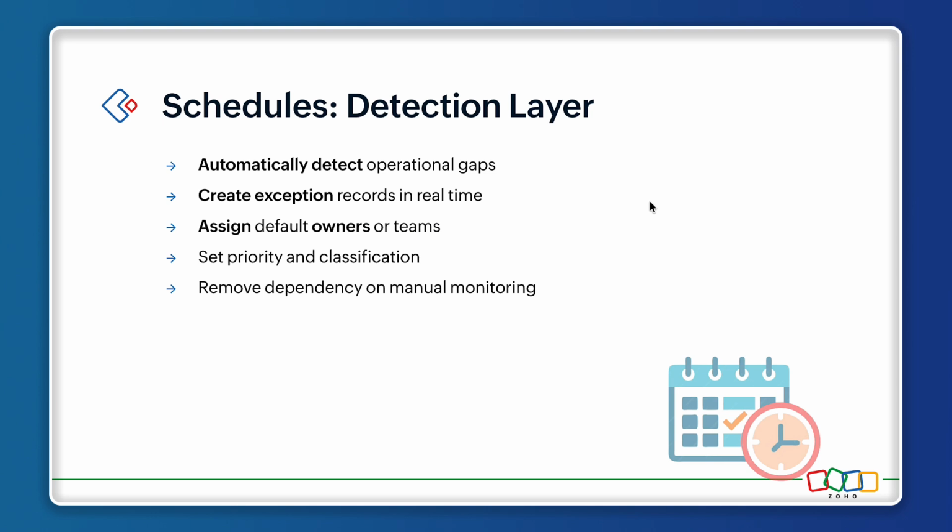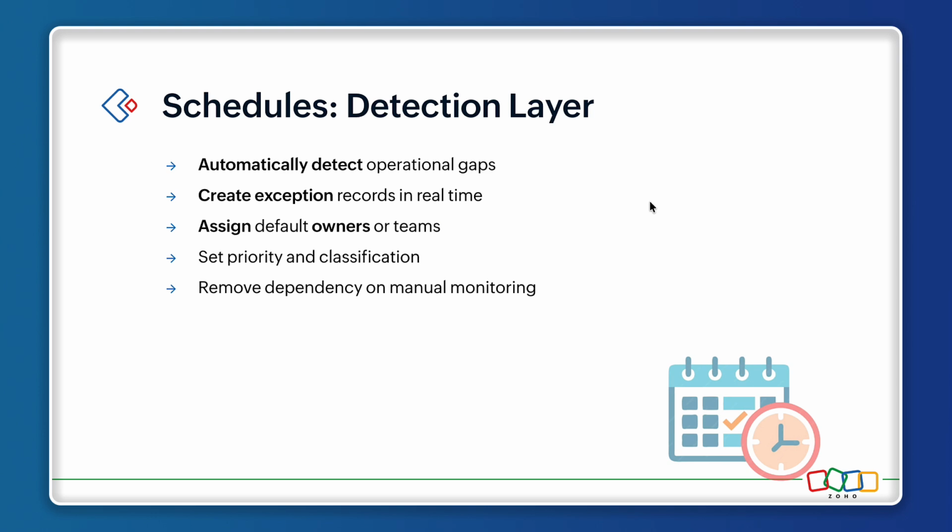As I said earlier, the scheduler workflow acts as a detection layer. It automatically detects the operational gaps that are available, and once detected, it creates an exception record in real time, and it also assigns the right person who will be handling that particular exception.